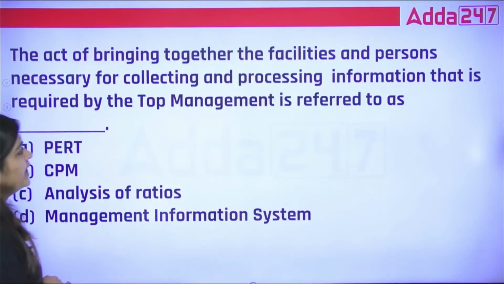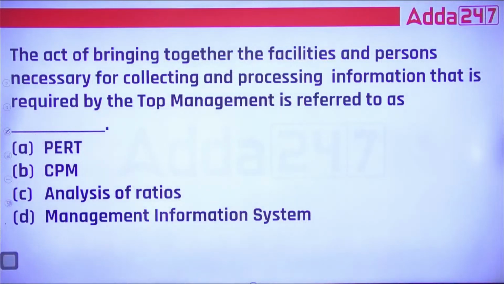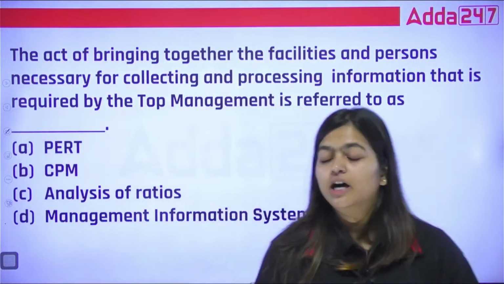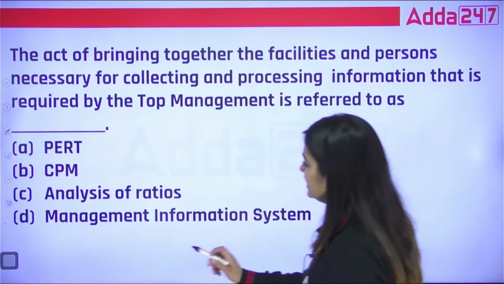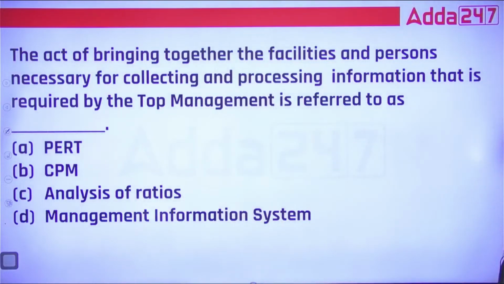Next. The act of bringing together the facilities and the persons necessary for collecting and processing information that is required by the top management is referred to as: A, PERT; B, CPM; C, analysis of ratios; D, management information system.